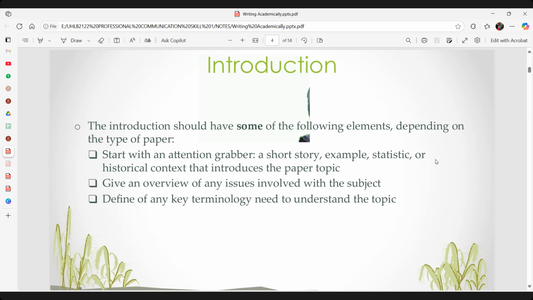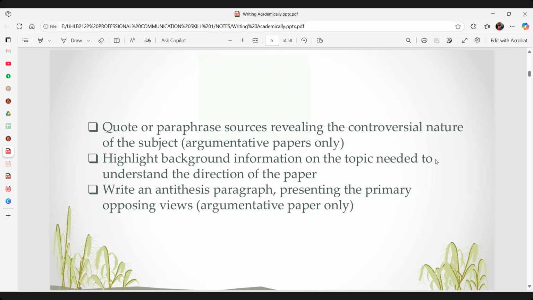Usually the third element is suitable for argumentative essays, not so much a report, and you are writing a problem solution report. So I wouldn't recommend using key terminology definition as your introduction for your report. I'm not saying it's wrong, it's just not suitable. Next, you can also quote or paraphrase sources revealing the controversial nature of the subject. Again, it's for argumentative papers only.